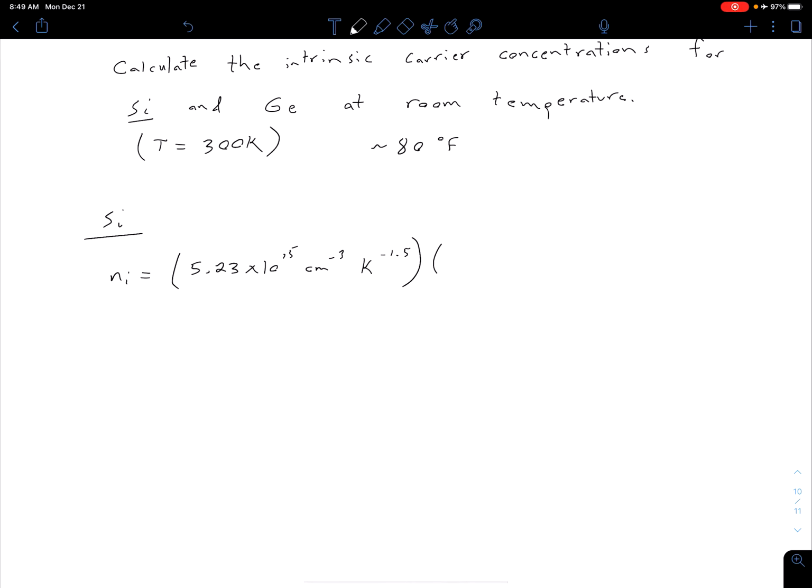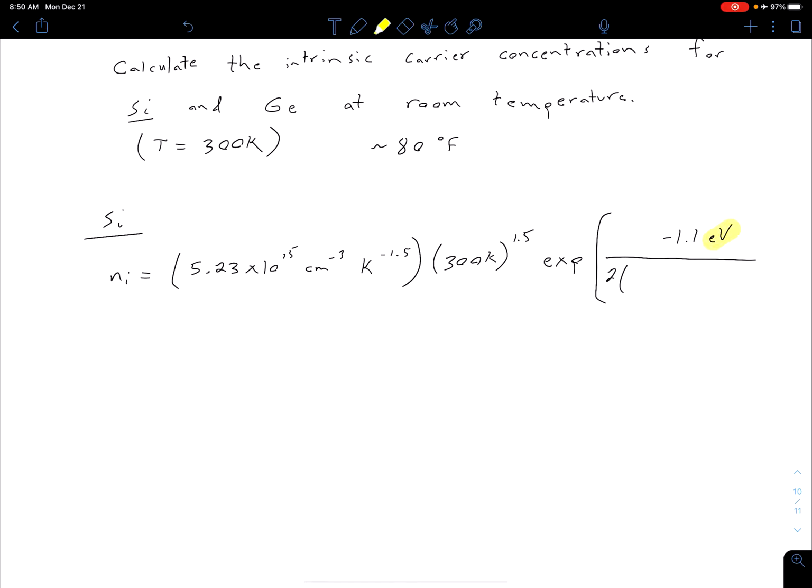That's multiplied by our temperature, 300 Kelvin, to the power of 1.5. Now we have the exponential of a fraction. In the numerator, we have the negative of our band gap, so negative 1.1 eV for silicon, and in the denominator, 2 times our Boltzmann constant times our temperature.